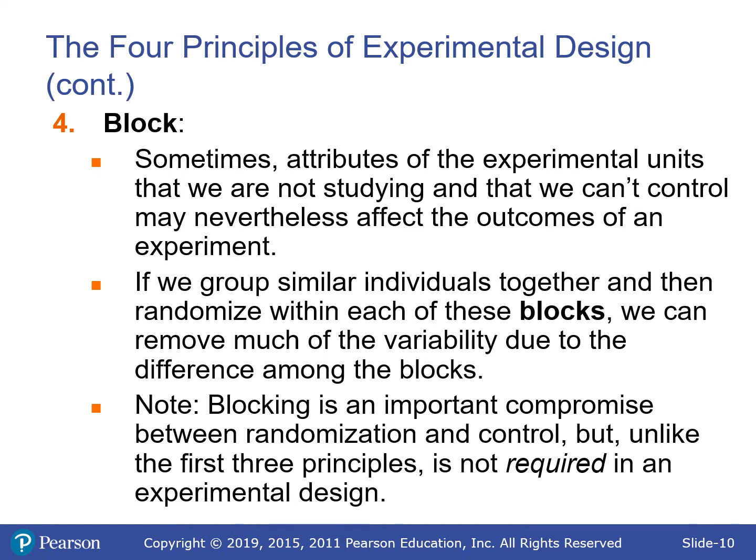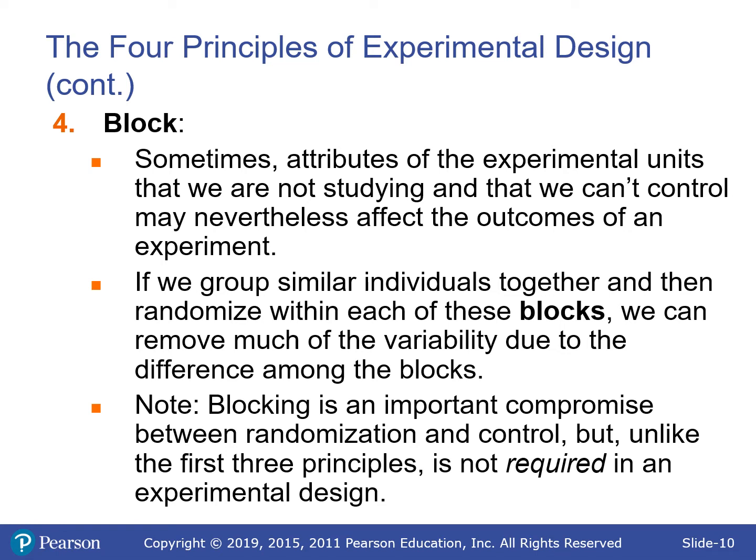So certain things might work better on certain groups. Like you might block on gender or even race, because sometimes the different races will react differently to different types of treatments. You could block with plants if you're trying a fertilizer. Like, we'll see one in a minute, where we have some plants from store A and some plants from store B. And so we're going to have a store A block and a store B block.